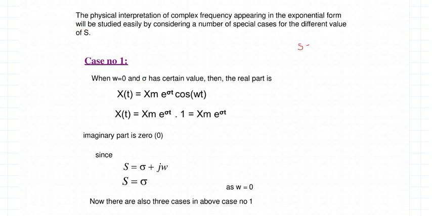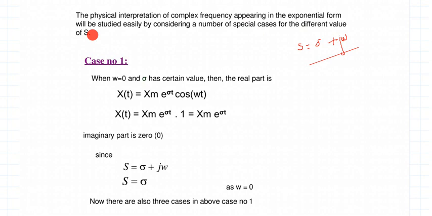As we have just discussed, s is sigma plus j omega, correct? This is my s. Now I am going to discuss this particular complex term by considering special cases for different values of s.